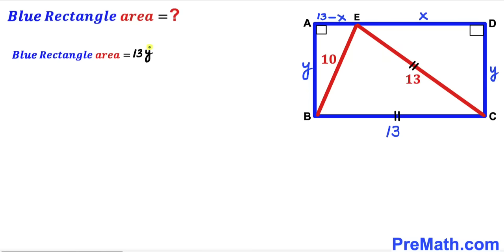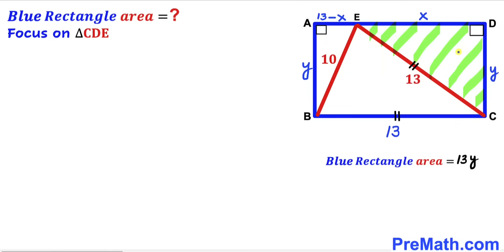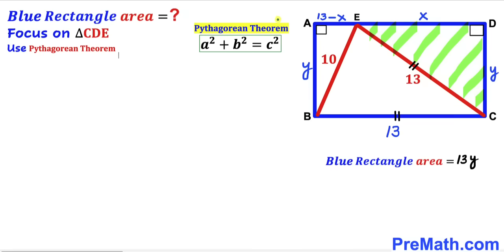Our task is to find the value of y in order to calculate the area of this blue rectangle. Here is our next step. Let's focus on this right triangle CDE and apply the Pythagorean theorem: a squared plus b squared equals c squared. Our hypotenuse is 13, whereas our two legs are x and y.